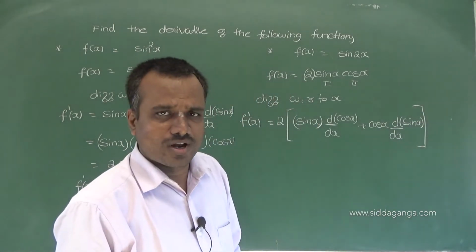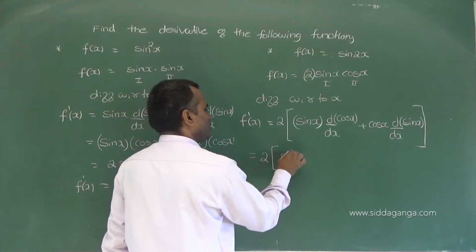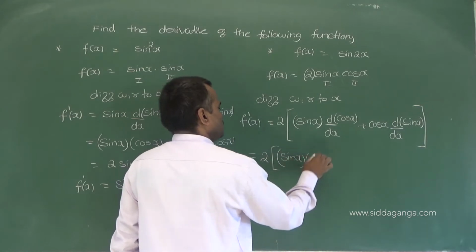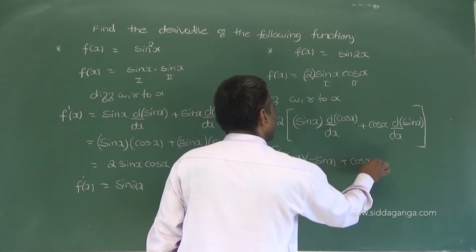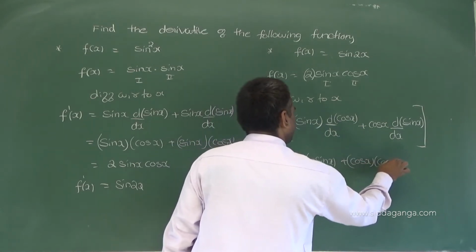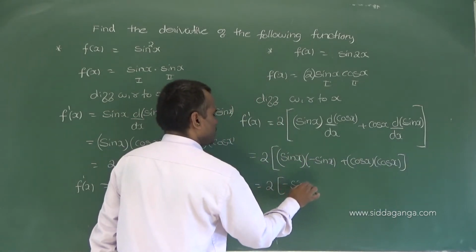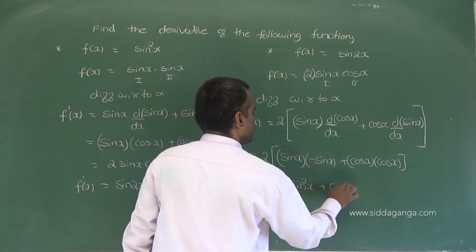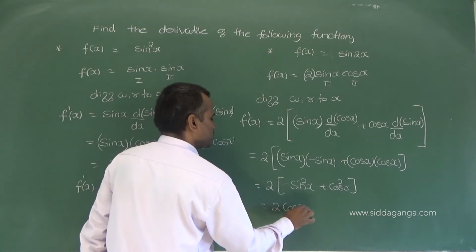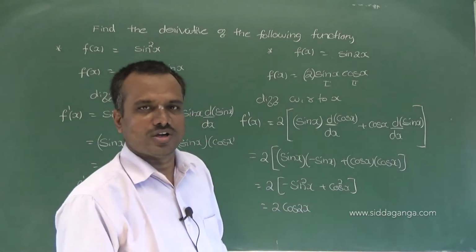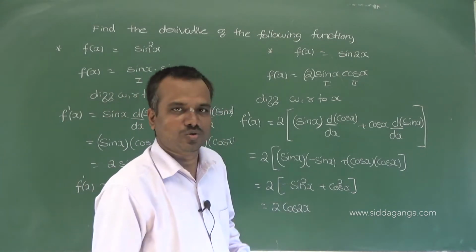Second function into derivative of first function. 2 into, everyone knows, sin x, cos x derivative is minus sin x, plus cos x, derivative of sin x is cos x. 2 into minus sin square x plus cos square x. 2 into cos square x minus sin square x, that is cos 2x, so 2 cos 2x.